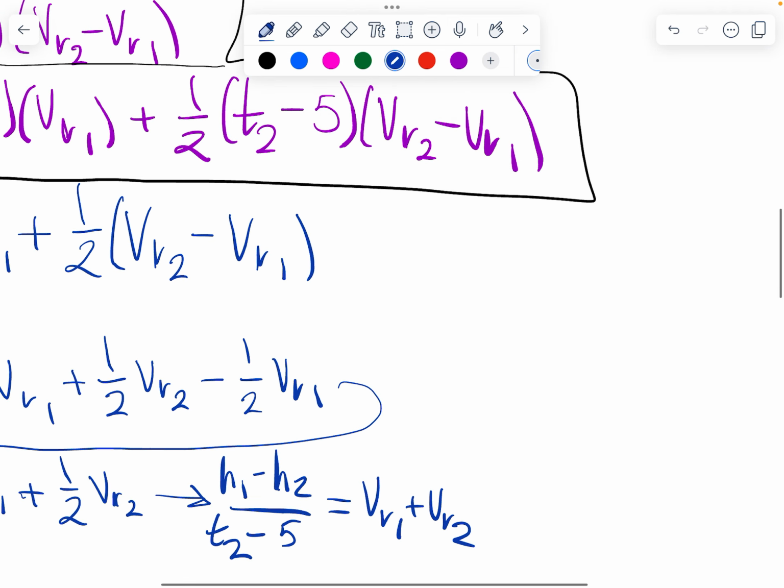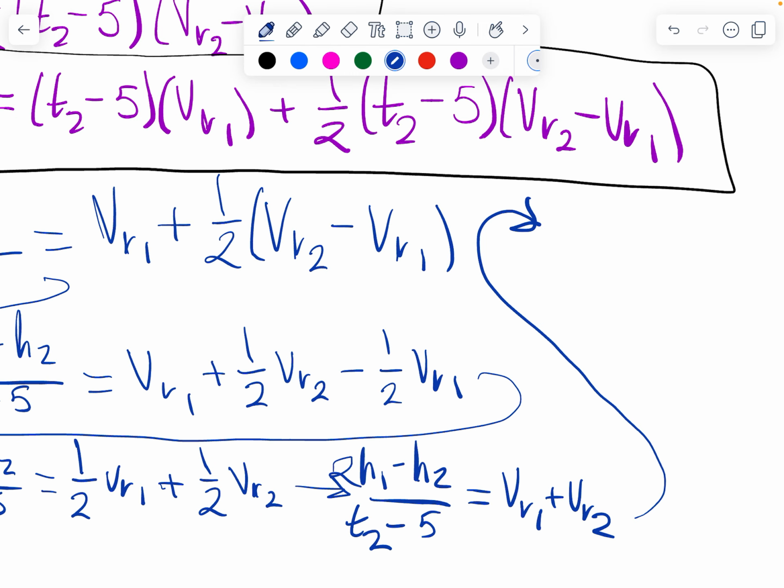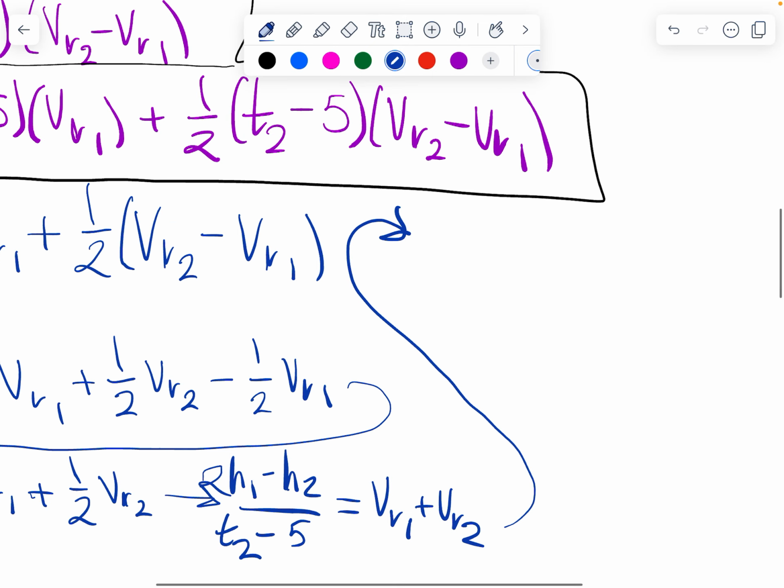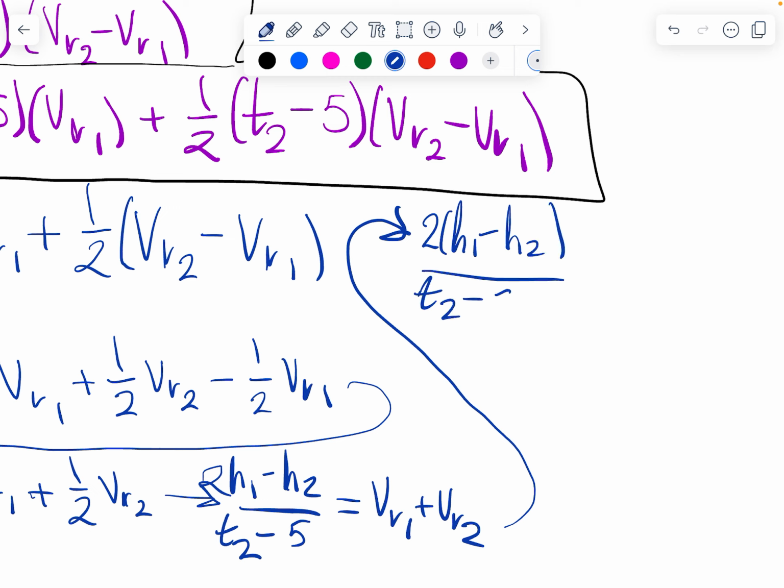Now let's subtract to isolate VR1. Oh, and I forgot the 2. So I'm going to have 2 times (H1 minus H2) over (T2 minus 5), minus VR2, equals VR1. Awesome.